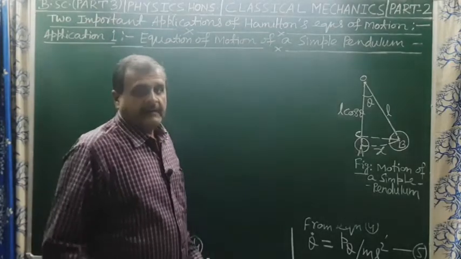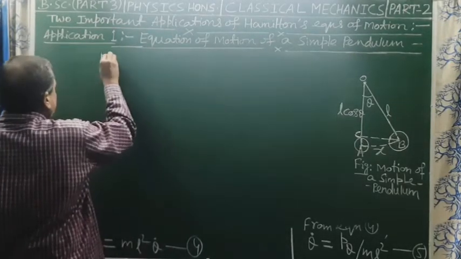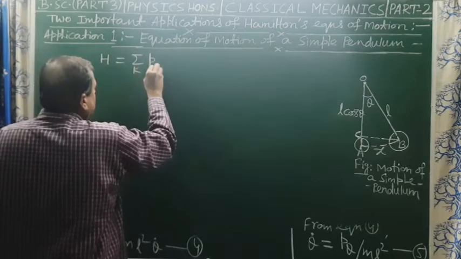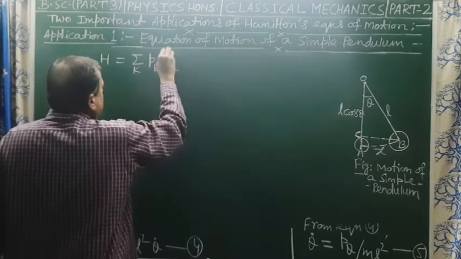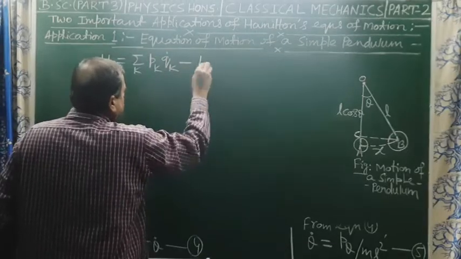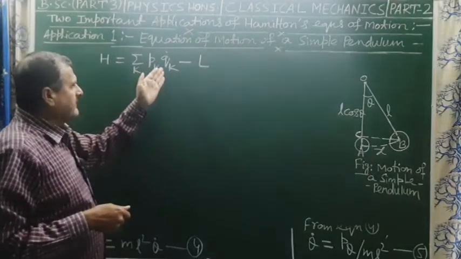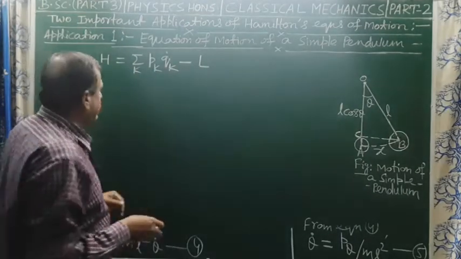Now the Hamiltonian function is given by H equals sigma over k of pk qk dot minus the Lagrangian L. pk is the generalized momenta, qk dot is the generalized velocity.